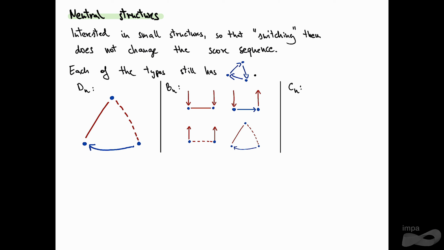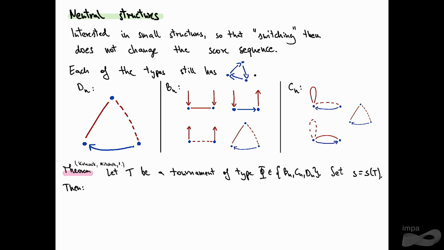So these 3 are neutral in this sense. And in type C, I have the D type, but also 2 other types. Now this solitary game is worth twice as many points, so the structure looks a little bit different. So now I gave you some simple structures which are neutral.